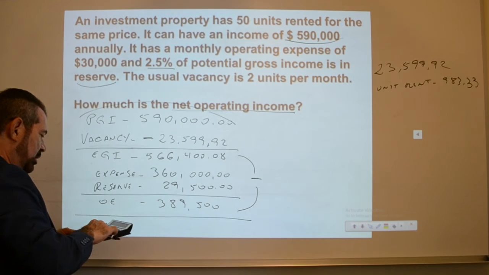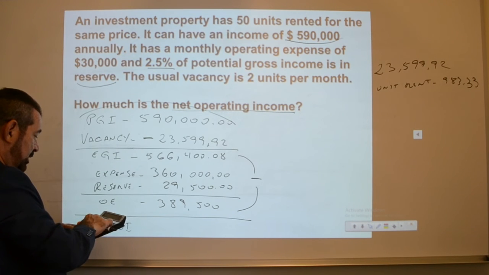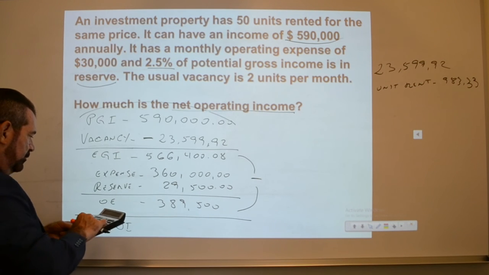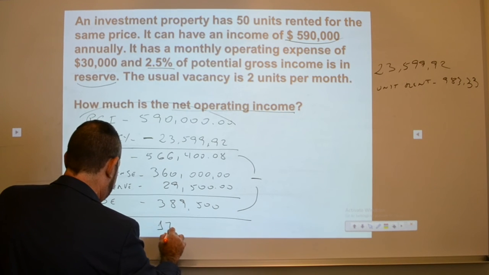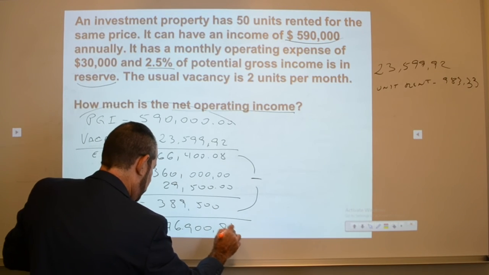So 566,408 minus 389,500. So my NOI, which is the answer for the question, is $176,908.